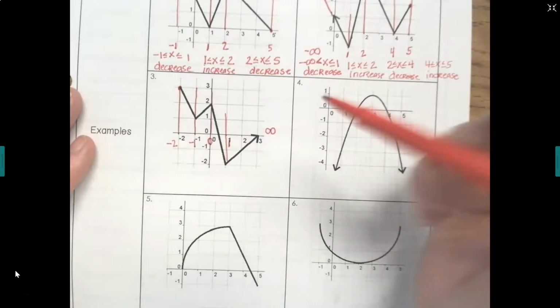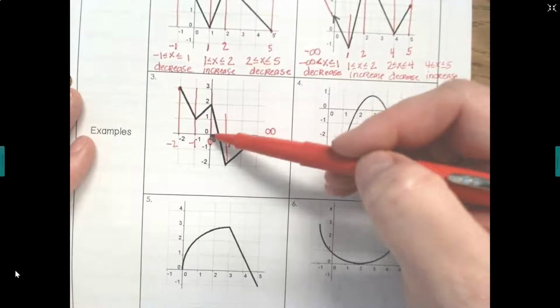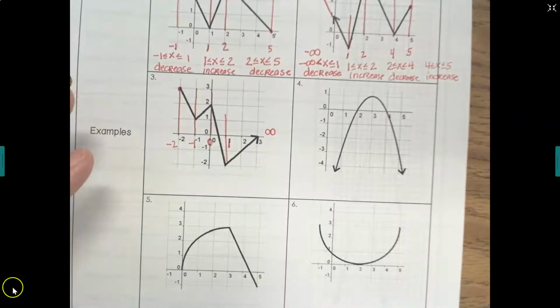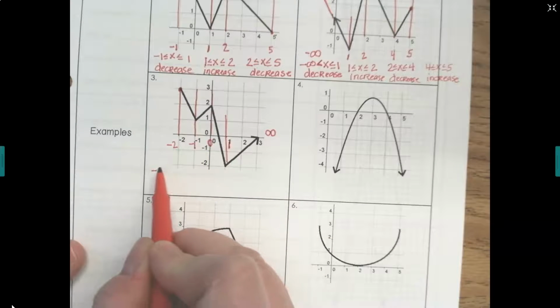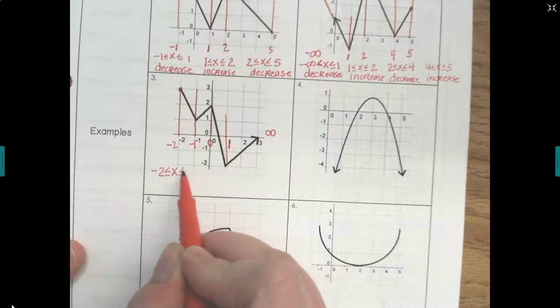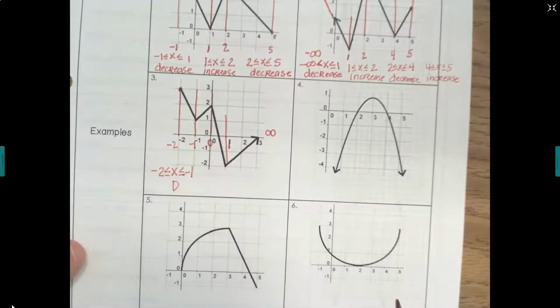Okay, so I'm drawing the lines to help us see what x value we're talking about. And that helps us write our interval then. The graph is decreasing from negative 2 is less than or equal to x, which is less than or equal to negative 1, where it stopped decreasing. I'm just going to write D for decrease.